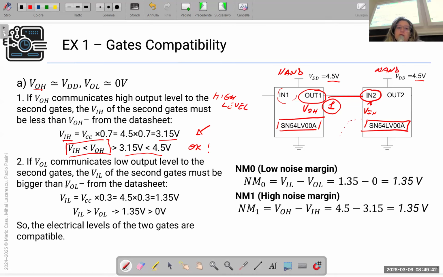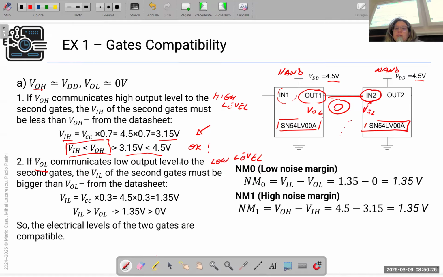Second, we have the low level. At the low level, we are talking about the output voltage low, VOL, that communicates to the input of the second gate. It's zero, because it's an output, and it's low.